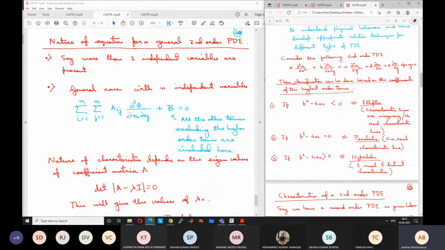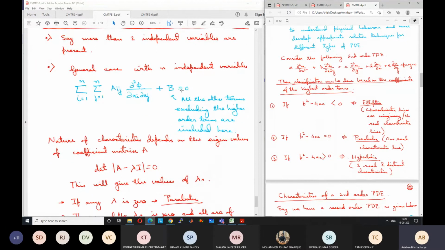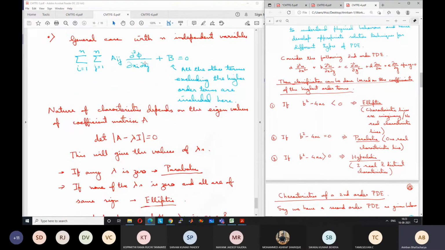In this case, the nature of the equation is determined by the eigenvalues. The nature of the characteristics depends on the eigenvalues of the coefficient matrix A. The coefficient matrix is the matrix which includes all these coefficients a_ij. What is the size of this coefficient matrix?